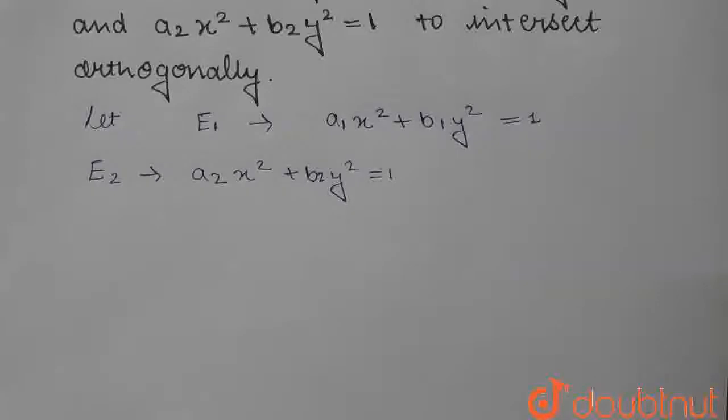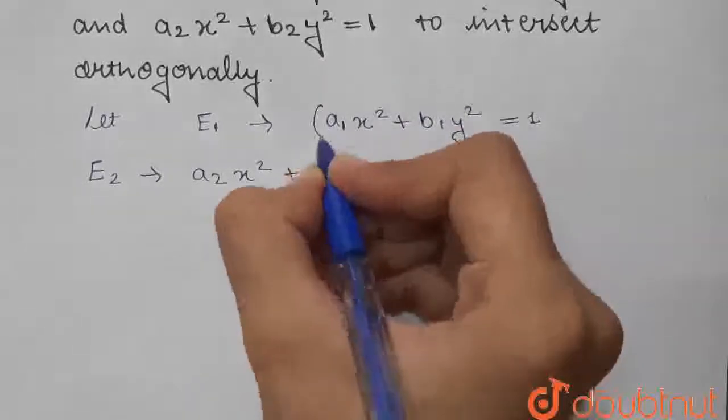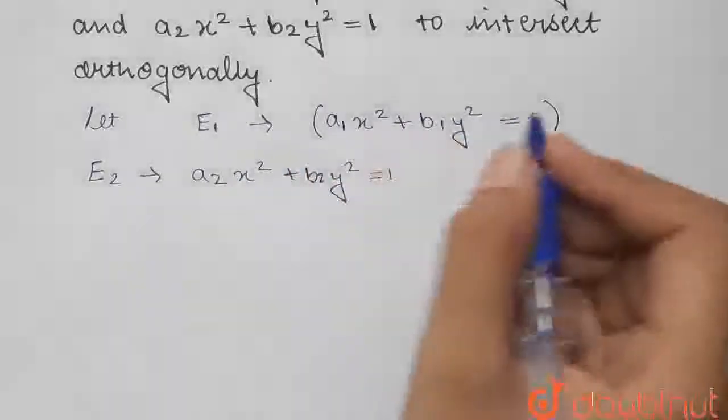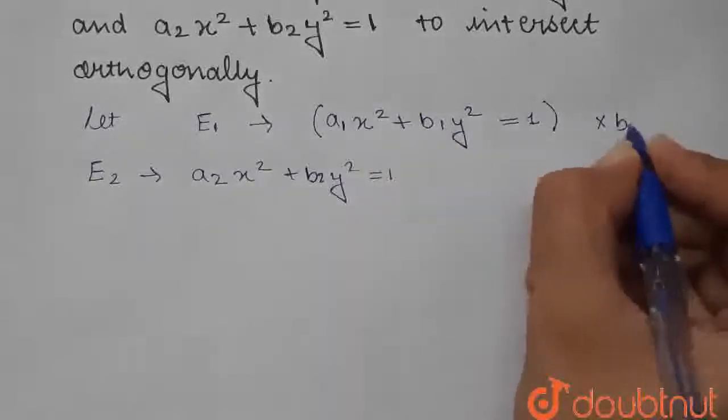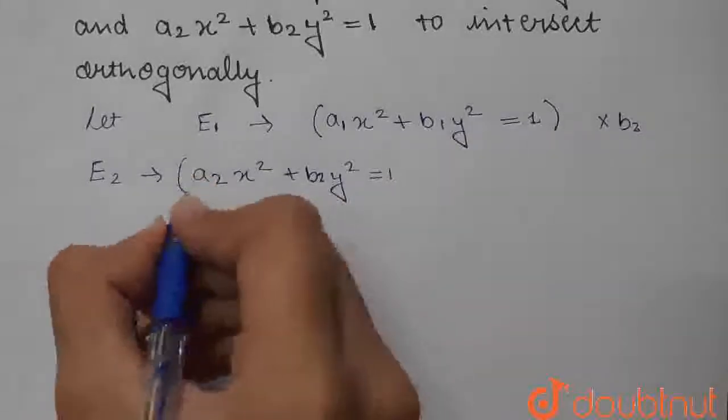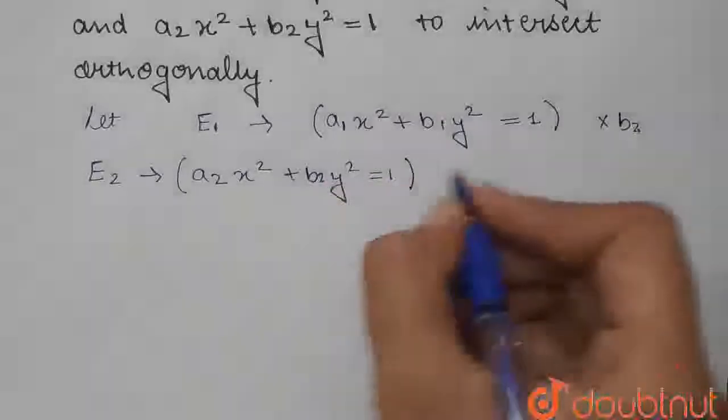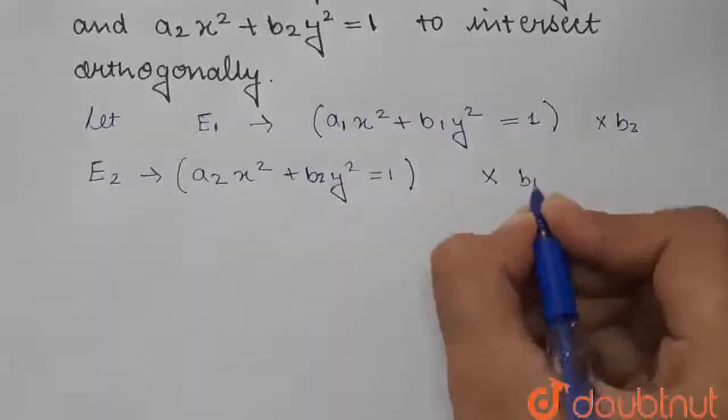Now here I am going to multiply the first equation on both sides by b2, and in the second equation I am going to multiply the whole equation by b1.